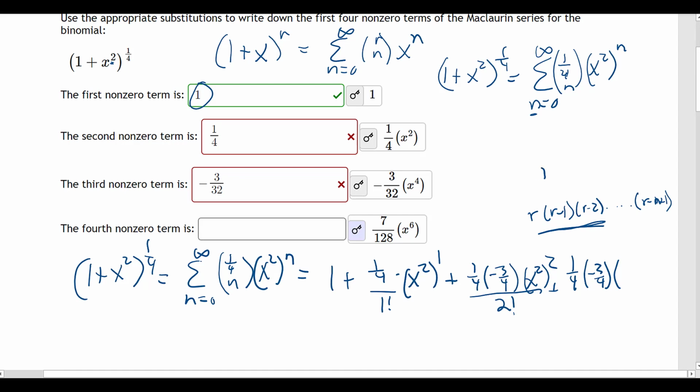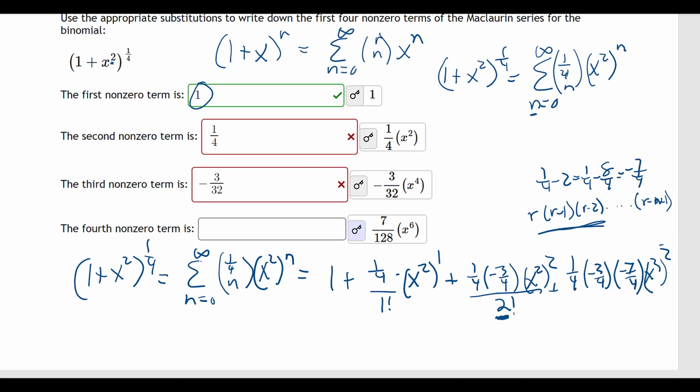So if we think of 1/4 minus 2, that's 1/4 minus 8/4 to give us -7/4. So we have -7/4 times x squared, cubed. So notice this is squared, that's squared there. That's right, that's a 2, not squared. That's 2 there, 2 there, 1 here, 1 here, 0, 0.